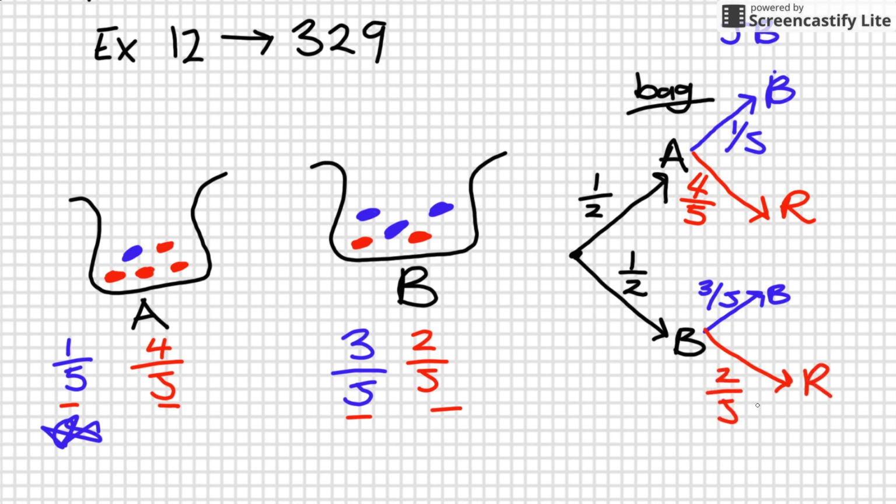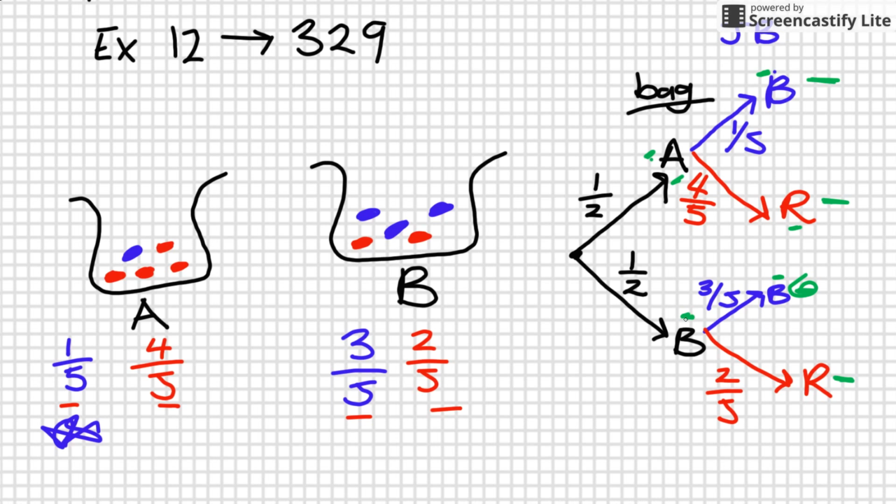So now what we have are our 4 different outcomes. This outcome up here, this one here, and this one here. This outcome here corresponds to picking bag A and then getting a blue jelly bean. This outcome here corresponds to picking bag A and then getting a red jelly bean. This outcome here corresponds to picking bag B and getting a blue jelly bean.